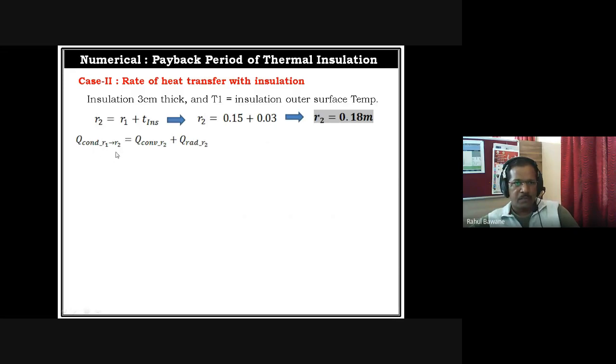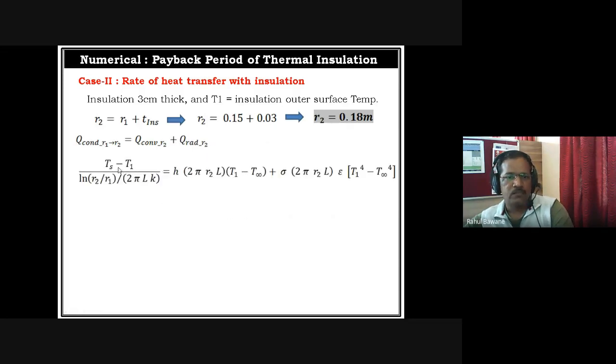Whatever amount of heat is conducted from pipe surface to insulation surface then reaches the outer surface of insulation and will be convected and radiated out. So total heat conducted from R1 to R2 must be equal to heat convected out from R2, the outer surface of insulation, plus heat radiated out from R2.